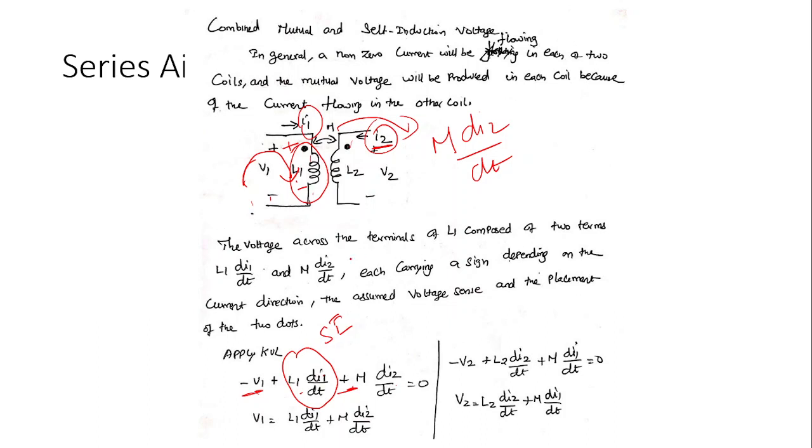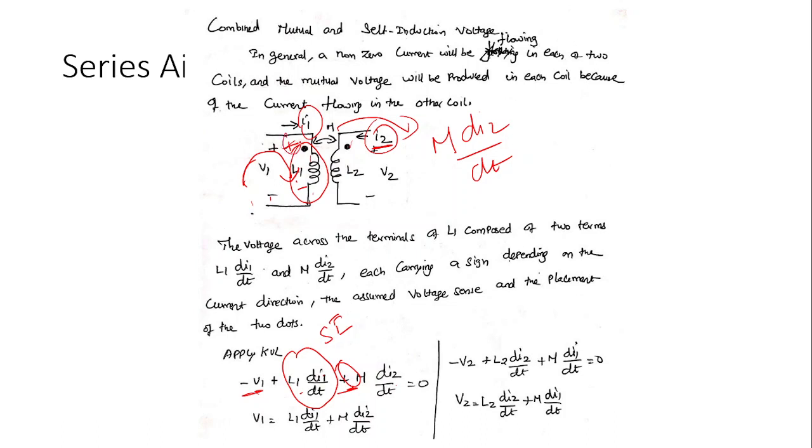The positive sign here is because the current I2 is entering the dot, so generated voltage positive is here. While checking the current directions, it is entering positive, leaving negative.